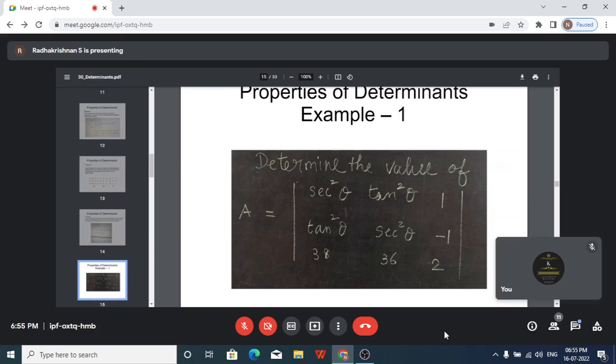We can write this determinant with second column equal to second column plus third column, C2 plus C3. Then every element will become tan square theta plus 1, secant square theta minus 1, and so on.